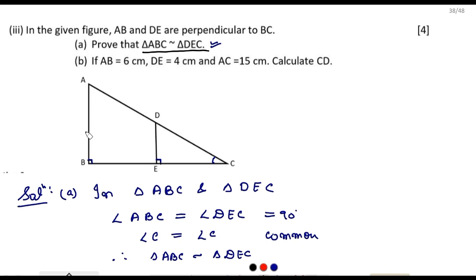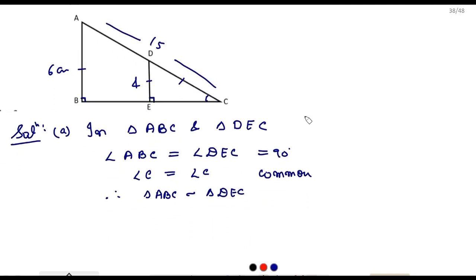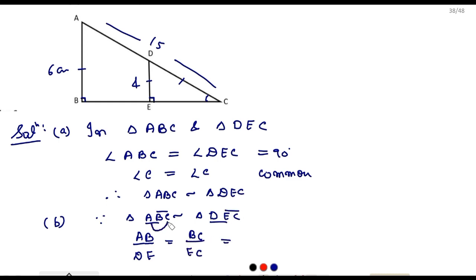In part B, AB is 6 centimeter, DE is 4 centimeter, AC is 15 centimeter. Calculate CD. If these two triangles are similar triangles, then their sides will be in proportion. Means AB upon DE is equal to BC upon EC is equal to AC upon DC.